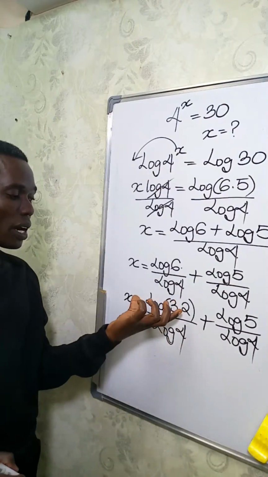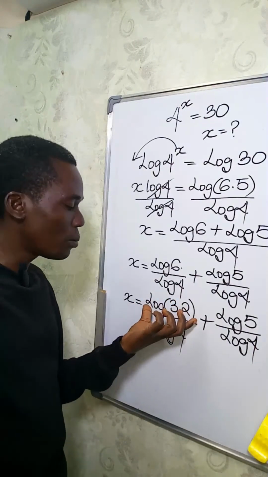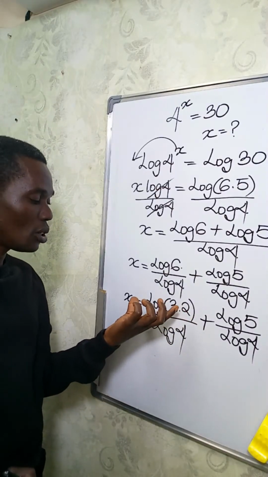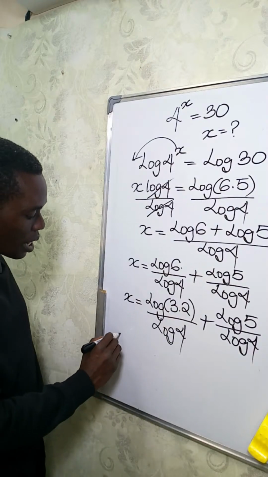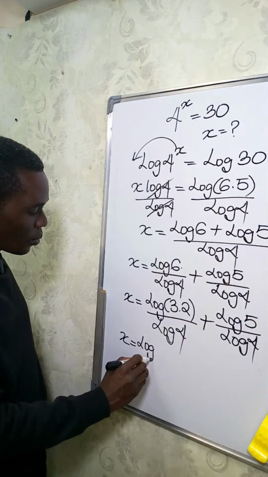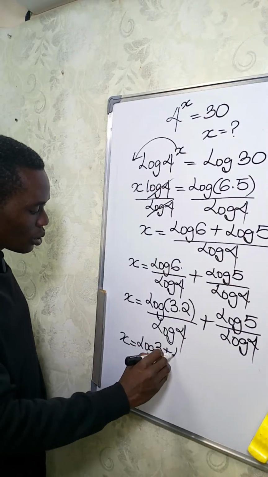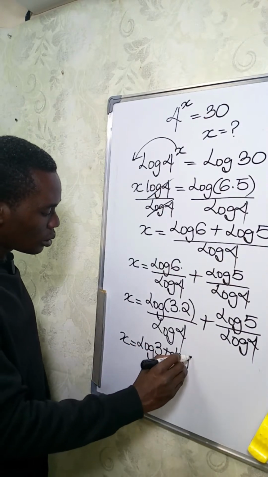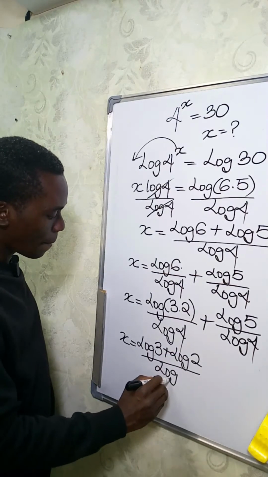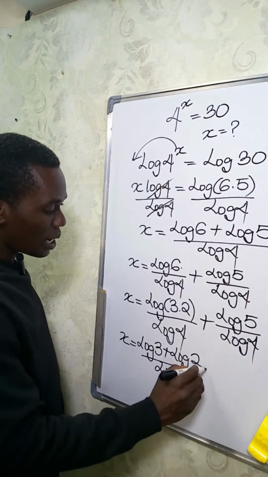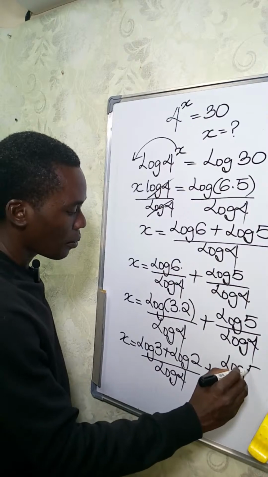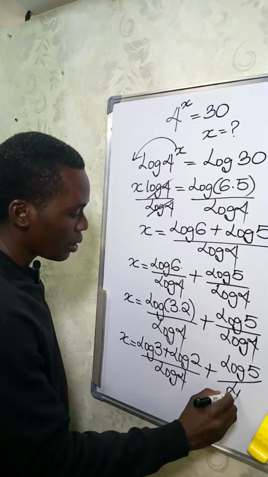We can simply break this out, still applying the multiplication law of logarithm. Now, if I apply the multiplication law of logarithm, I'll have that expression x equal to the log of 3 plus log of 2, all divided by the log of 4, right? And this can be plus log of 5 divided by the log of 4.